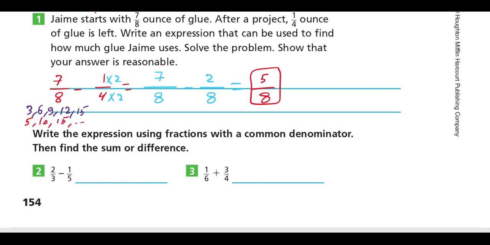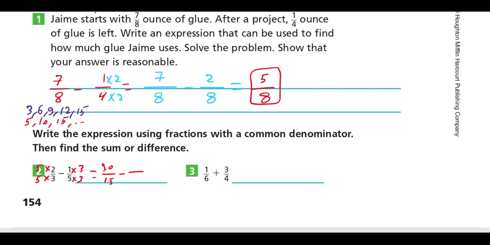So the common is 15. If we need to make 3 as 15, we multiply by 5, up and down. We need to make 5 as 15, so we have to multiply by 3, up and down. Now, the first fraction is 2 times 5, which is 10 over 15.